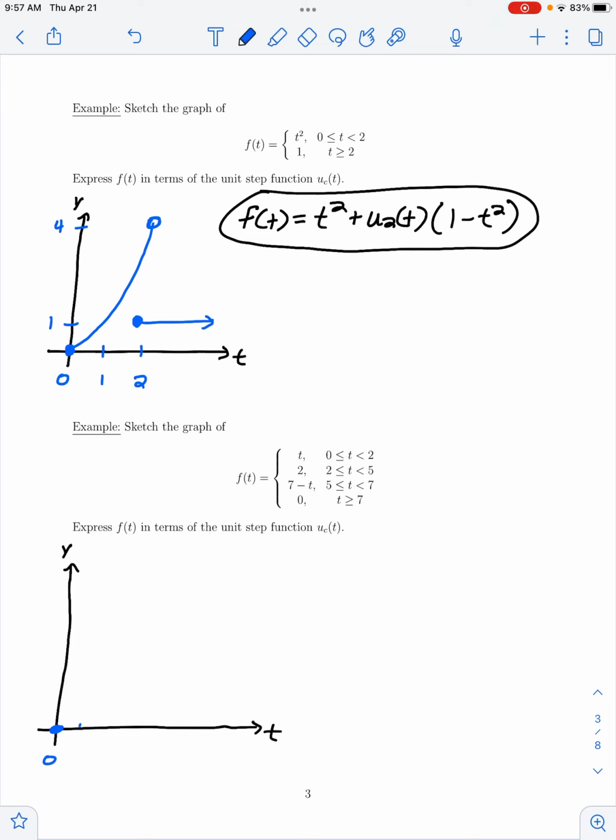And then as t increases to 2, the value of our function increases linearly with slope 1, y equals t, towards a value of y equals 2. And then for time between 2 and 5, our function is valued as a constant 2.